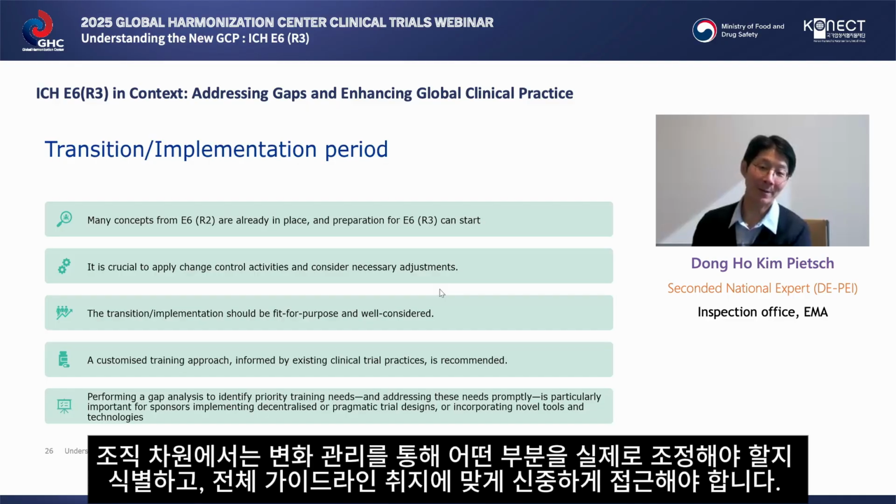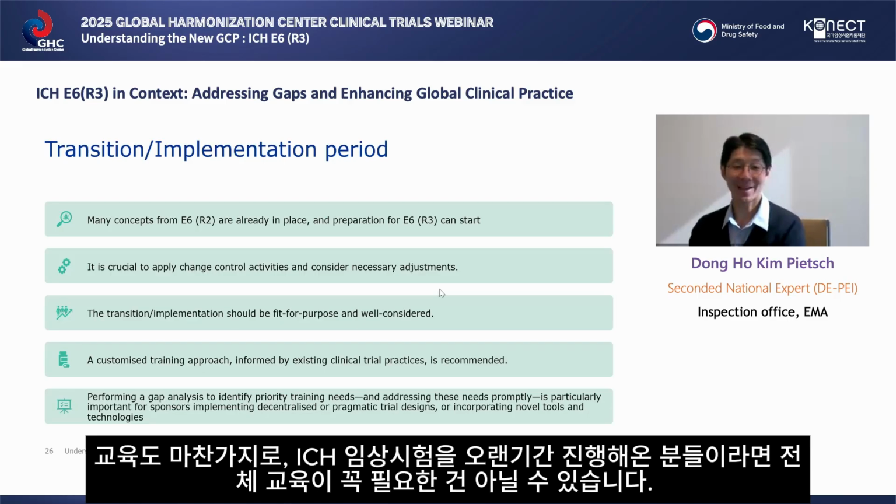And as part of this, in general, there is change control. In your organization, you surely have experts familiar with doing this in a controlled manner, to consider and identify what is actually necessary, where you need to adjust, and this should be fit for purpose as a whole guideline and well considered. Then there would be expected customized training.